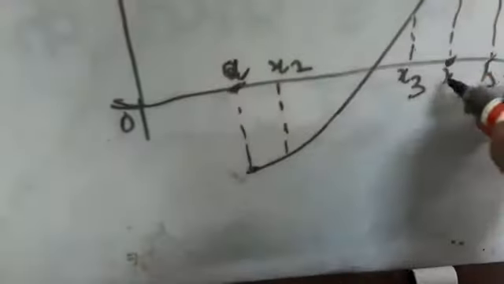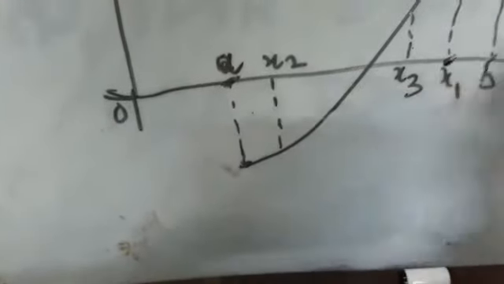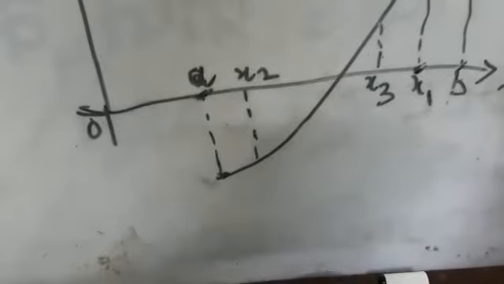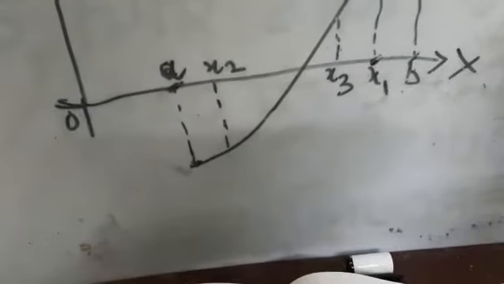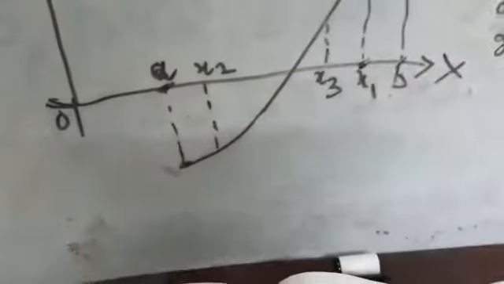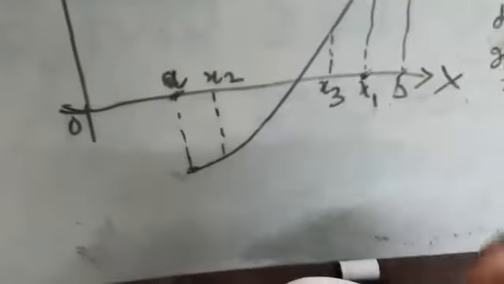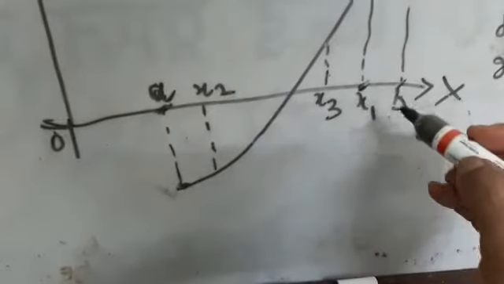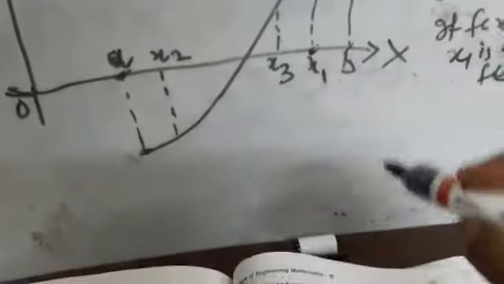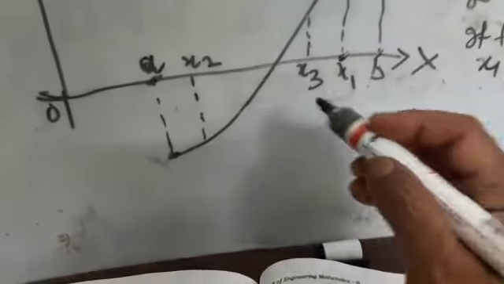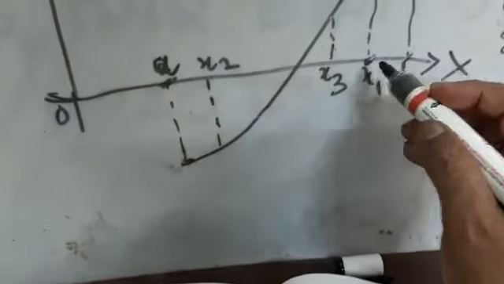If f(x1) is positive, where x1 is equal to (a plus b) by 2, then the root lies between a and x1.